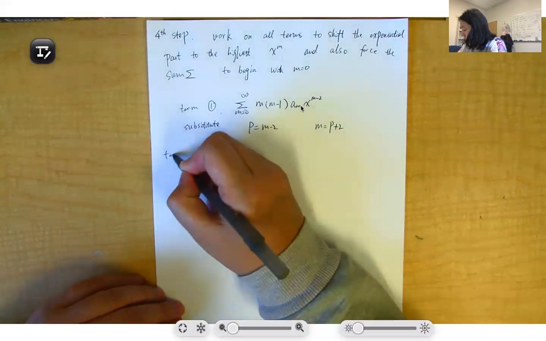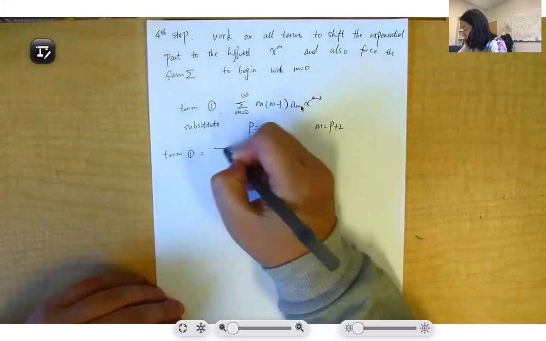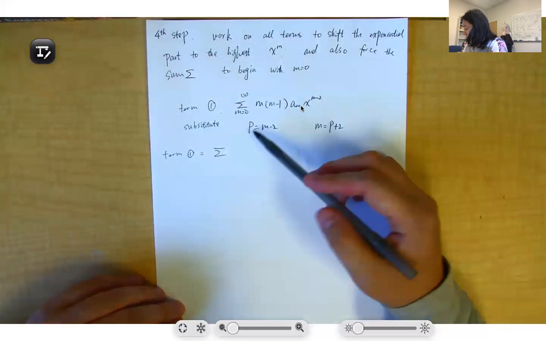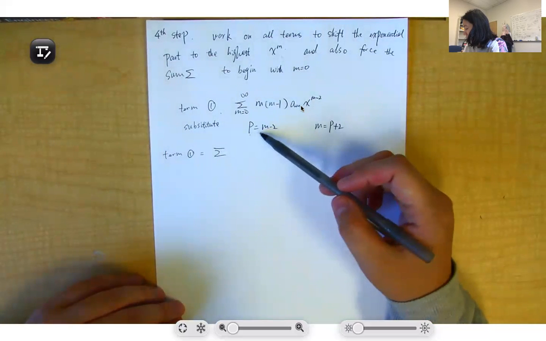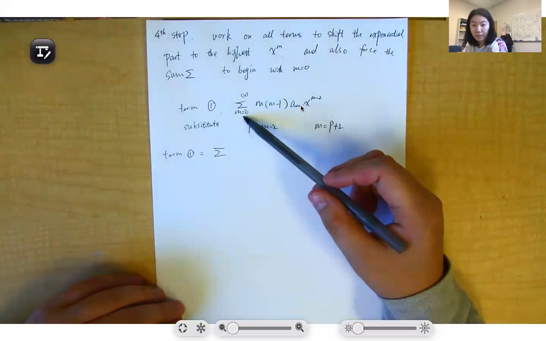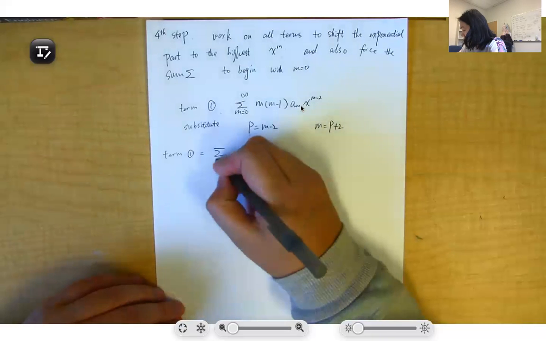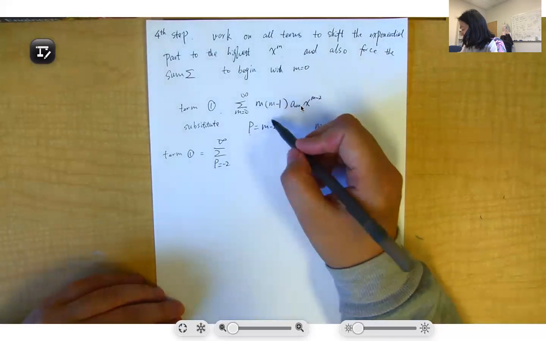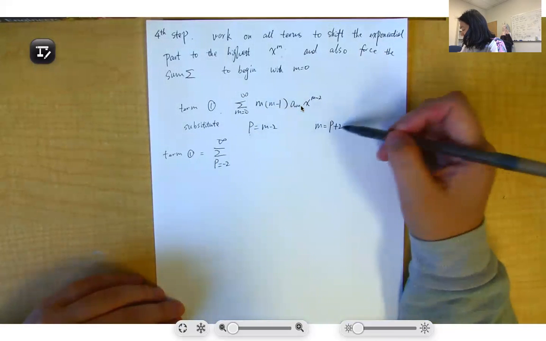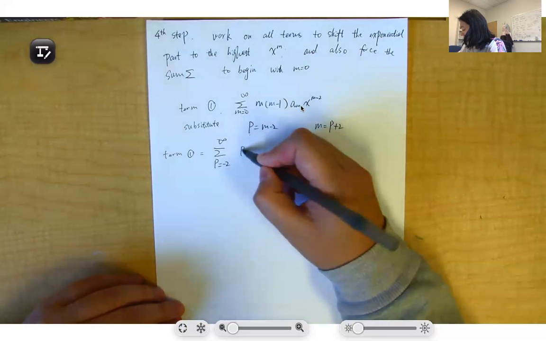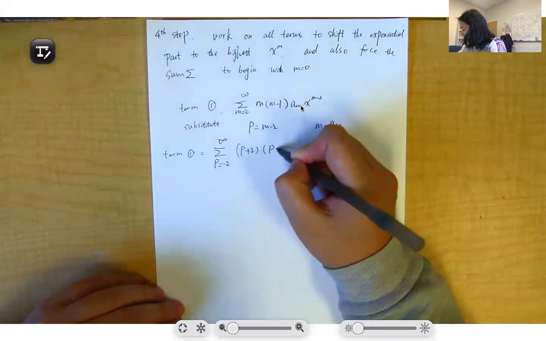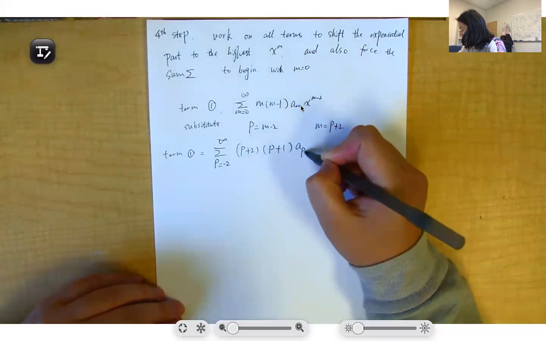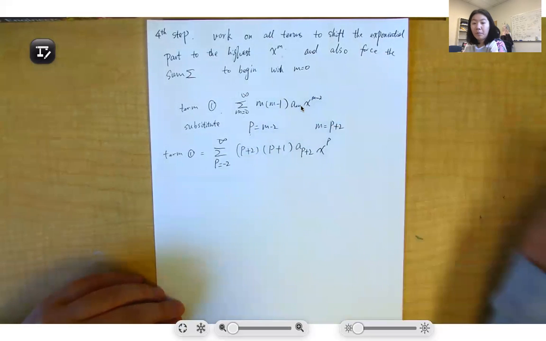So after we substitute p for m, term 1 will be equals to, if m equals 0 and p equals m minus 2, then p starts with minus 2 to the infinity. And then m will be equals to p plus 2. So p plus 2 times p plus 1 times a p plus 2 x to the p term.